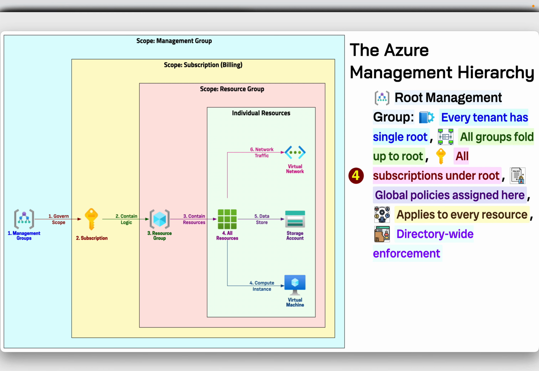Root management group: every tenant has a single root management group. The tenant is basically the first account which you create with Azure Cloud. All other management groups and subscriptions fold up to this root. Global policies assigned here apply to every single resource in the directory.